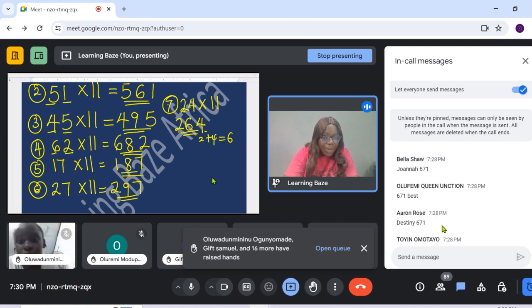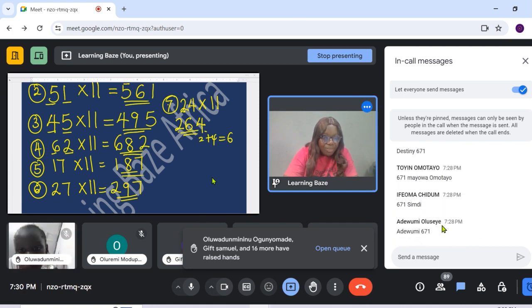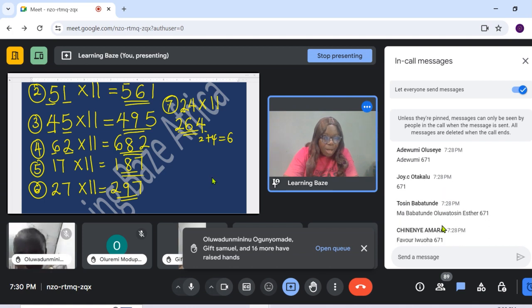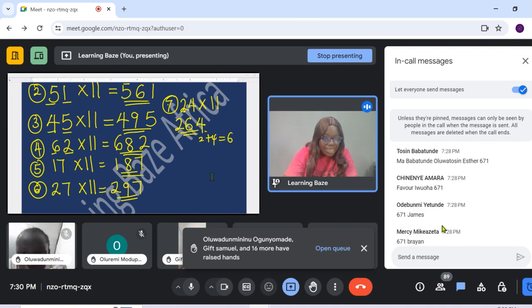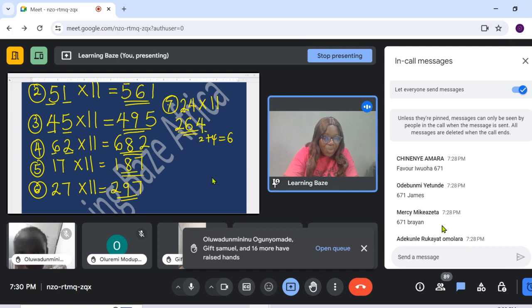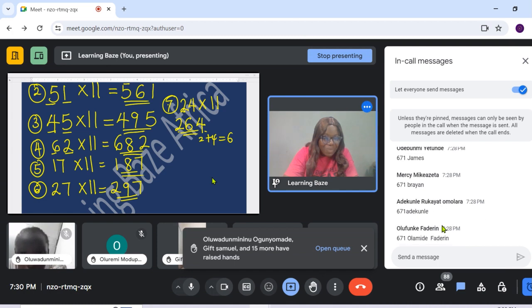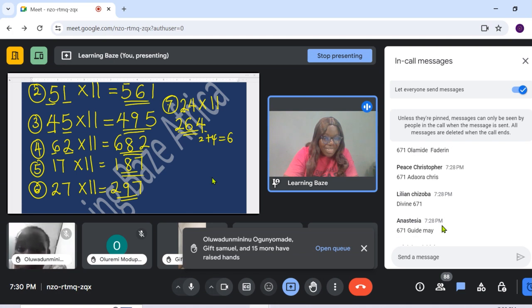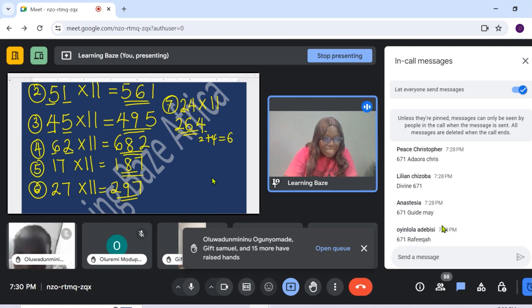Ade, Joanna, Best, Destiny, Mayowa Omotayo, Cindy, Adewumi, Otakalu, Joy, correct. Babatunde Oluwatosin Esther, correct. Favor Iwa, correct. James, Brian, Adekunle Olamide Faderin, Adaora Chris, Divine, correct.